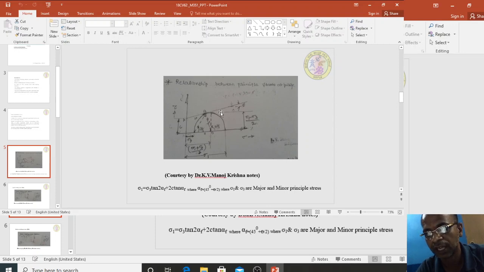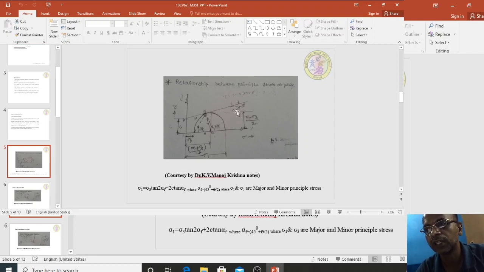That line becomes a tangent to this Mohr circle. The intersection of that tangent, henceforth called the failure envelope, on the y-axis is cohesion, and the angle made by the failure envelope with the horizontal gives the angle of internal friction.